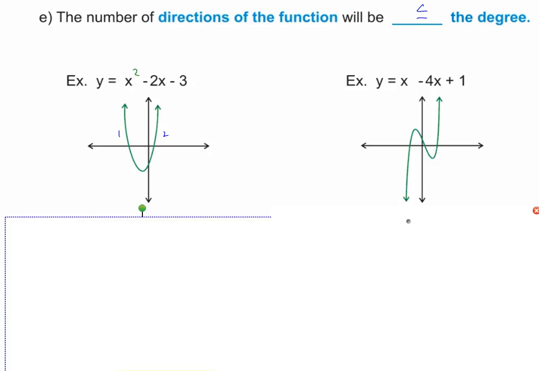So in this example, this is an x cubed. By the way, it's a positive coefficient of the lead term. We know it's going to end up going right. It's an odd exponent. It's going to be opposite, right?